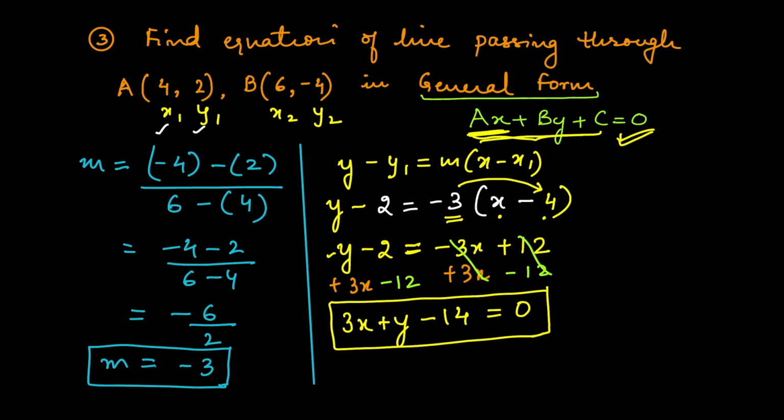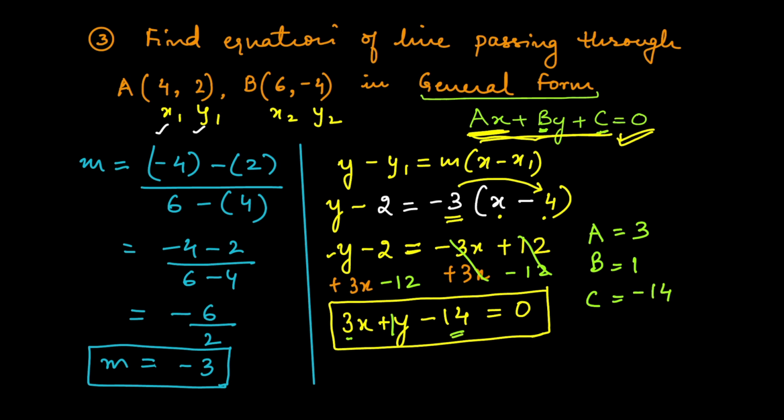If you want to compare it, we can also write the values. So what are the values? a is 3, b is the coefficient of y; here nothing is written, which means we should take it as 1. So b is 1, and the constant c is minus 14.